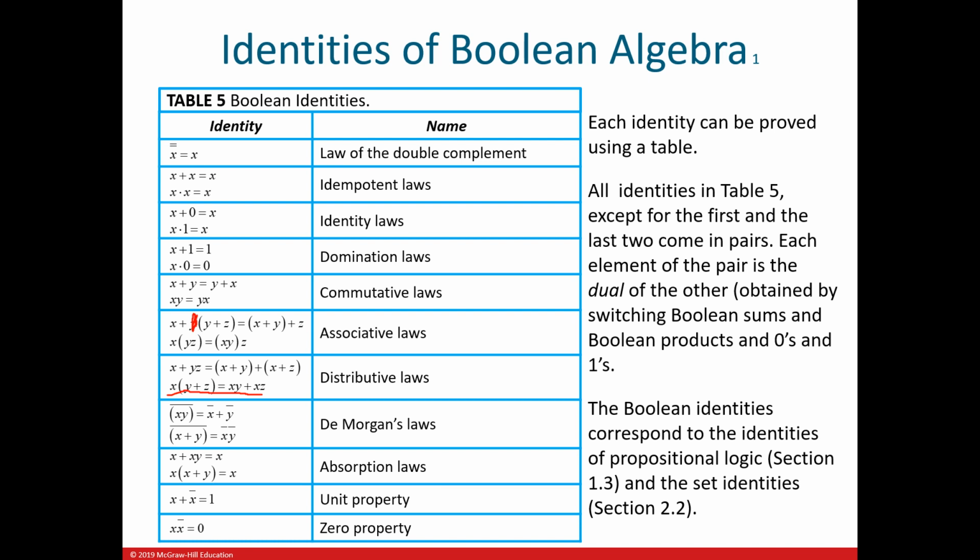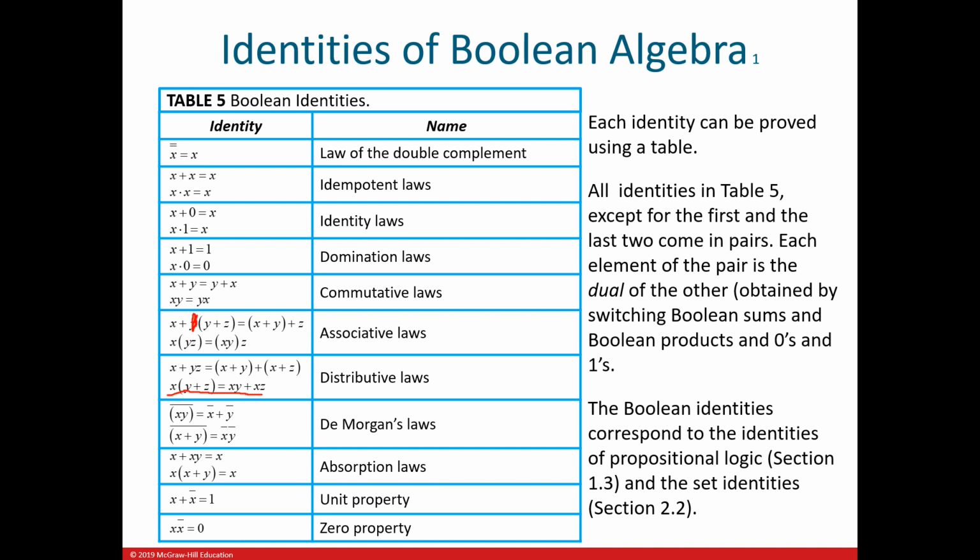Then De Morgan's laws. These are exactly similar to our and/or laws. So if you have the complement of a Boolean product, you get x complement sum y complement. And if you have the complement of the Boolean sum, then you get x complement product y complement.